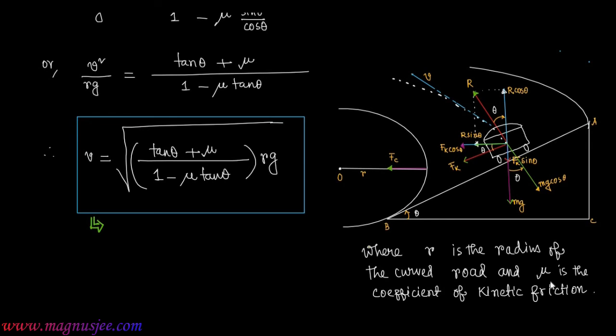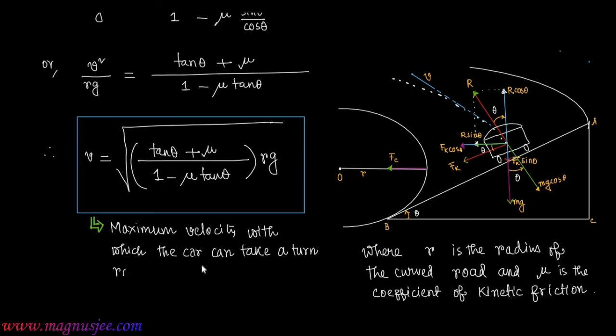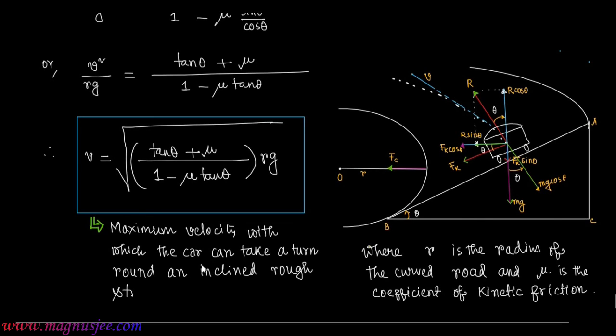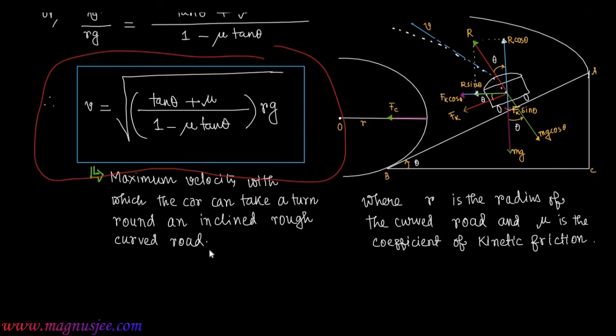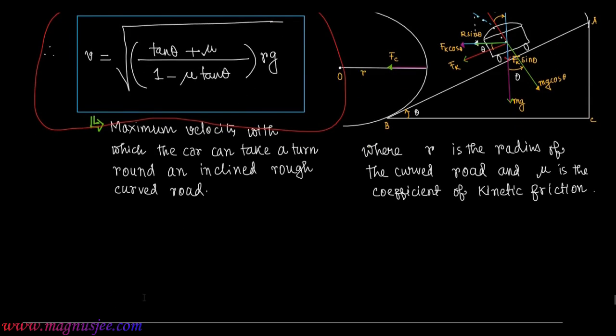Mu is the coefficient of kinetic friction, and we get v as the maximum velocity with which a car can take a turn round the inclined rough curved road. Finally, we get the expression of velocity v, which is equal to root over tan theta plus mu divided by 1 minus mu tan theta, into rg.